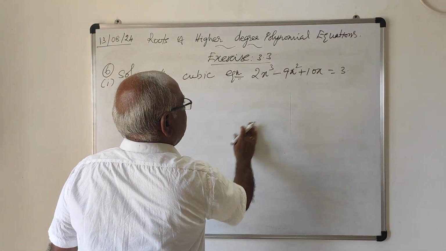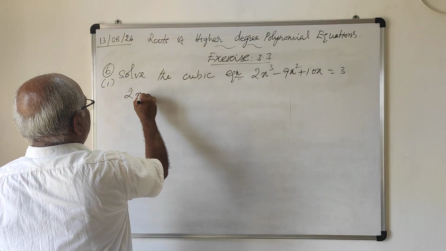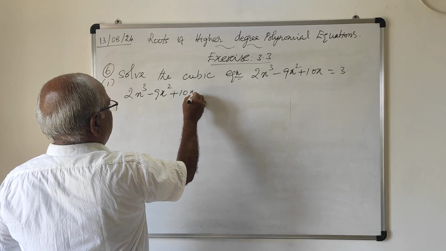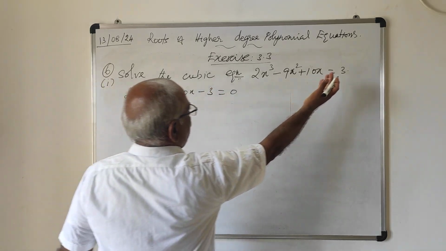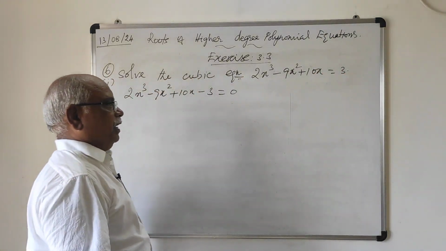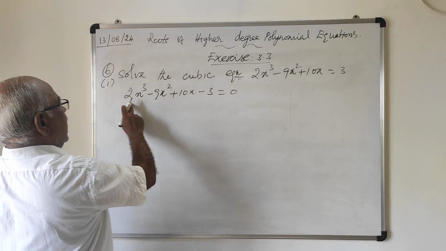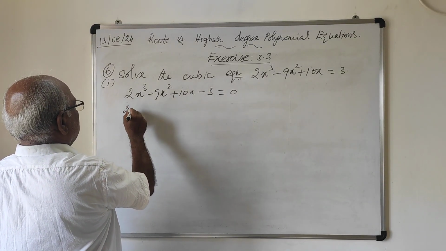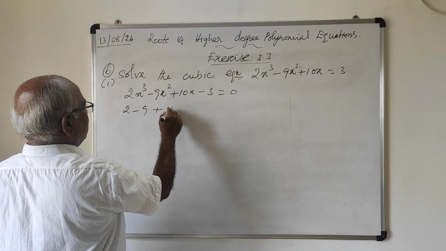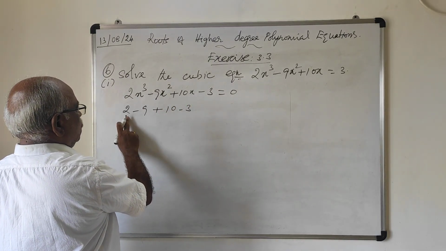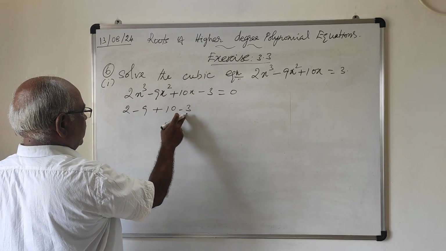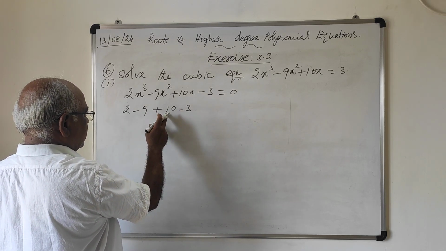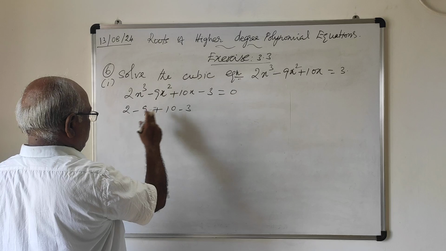Rewrite this equation as 2x cube minus 9x square plus 10x minus 3 equal to 0. You bring this 3 to the left hand side, it becomes minus 3. Adding all the coefficients, 2 minus 9 plus 10 minus 3: 2 plus 10 is 12, minus 9 minus 3 is minus 12.